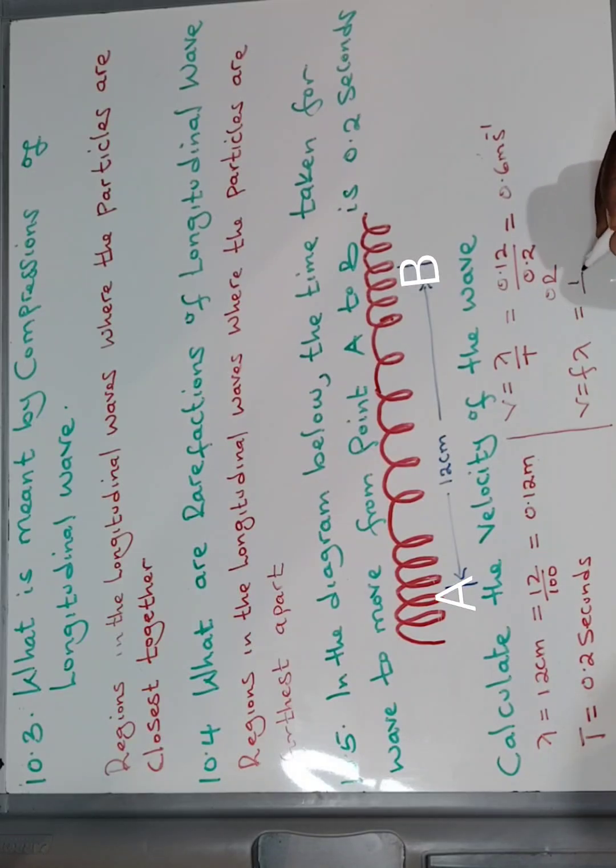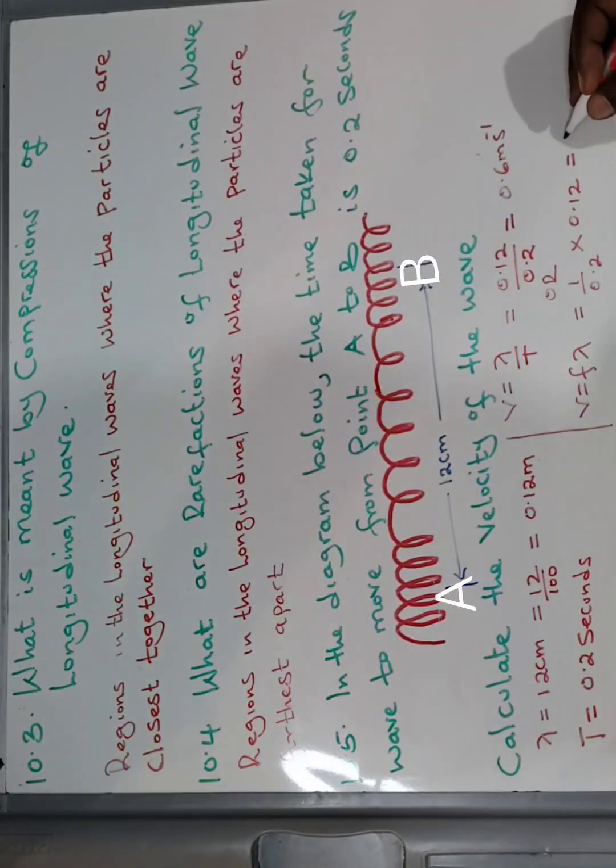It's going to be 1 over T, and T is 0.2, times lambda, which is the wavelength, 0.12. Still, it's going to take you back to 0.12 over 0.2, giving you 0.6 meters per second.